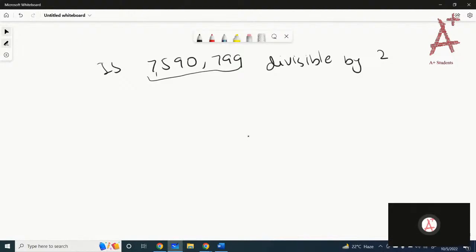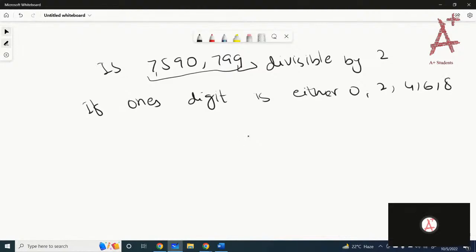The divisibility rule for 2 is very easy. You just need to look at the ones digit. If the ones digit is either 0, 2, 4, 6, or 8, the number is divisible by 2.